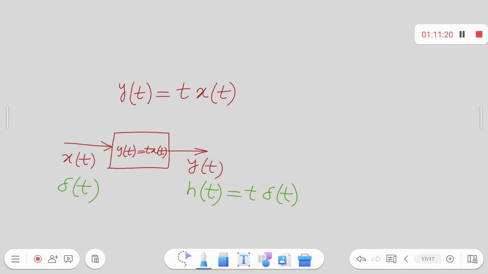This expression, equation number 1 or equation number 2? Both. Okay. Is it a causal system? Yes. Causal. Equation number 1 or 2? Both. Okay. Is it Bibo stable?